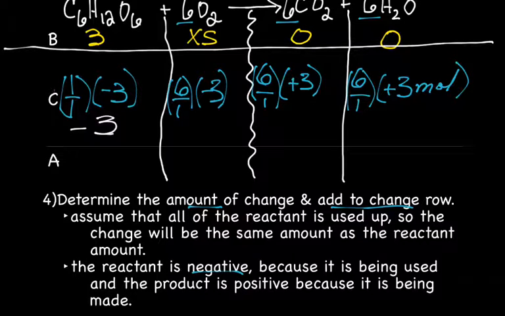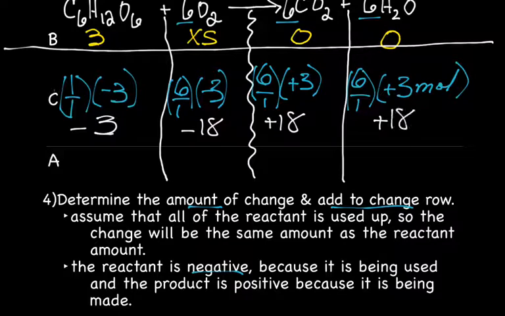And 6 over 1 times negative 3 is negative 18. And 6 over 1 times positive 3 is positive 18. And 6 over 1 times positive 3 is positive 18. Okay, so we figured out how big of a change there was for each of the reactants and products.